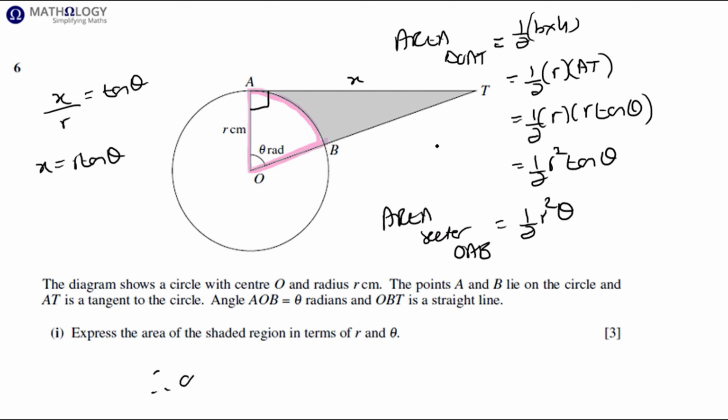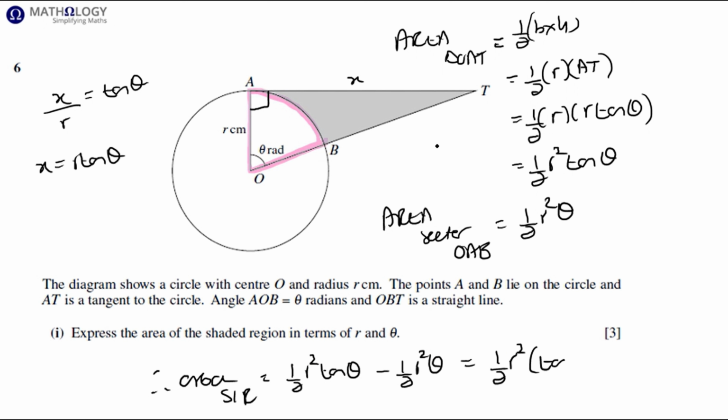So therefore the area of the shaded region is the area of the triangle minus the area of the sector, which is a half r squared tan theta minus a half r squared theta, which you can clean up and write as a half r squared times (tan theta minus theta).